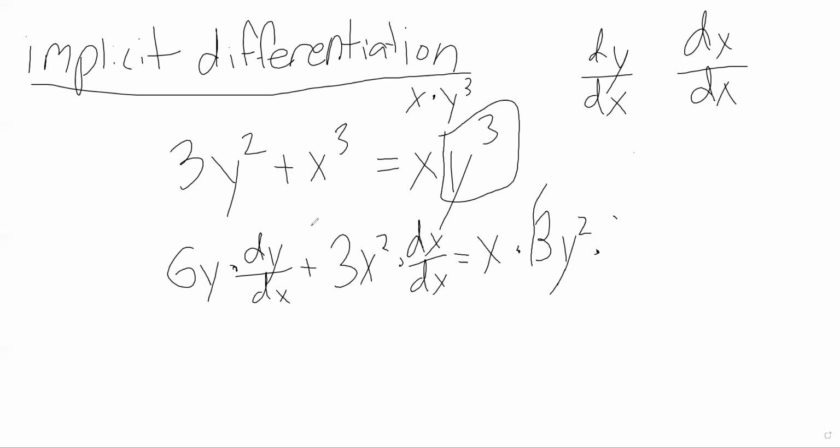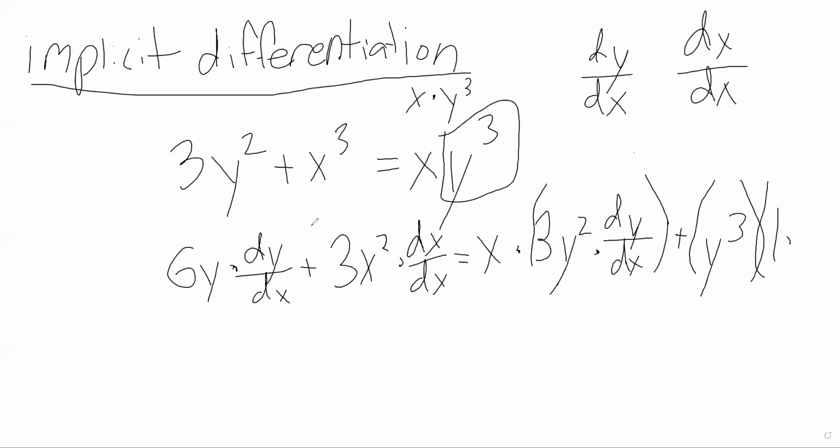And since we took the derivative of a y, you have to add dy over dx. Plus the second. We don't need dy here because we didn't take the derivative, we just left it. Times the derivative of x, which is going to be 1, but you have to have that dx over dx because you took the derivative of x. That's just the whole key. Anytime you take the derivative of a variable, you're going to have to use one of these two, okay?